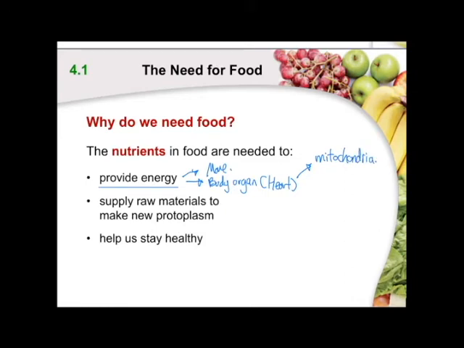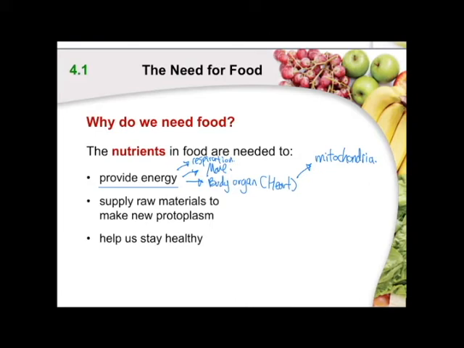Mitochondria would utilize the glucose, or what we call the carbohydrates, to release energy, and this energy will then be used by your cells to do their functions like moving around, respiration, etc. Let me write it here. Respiration.